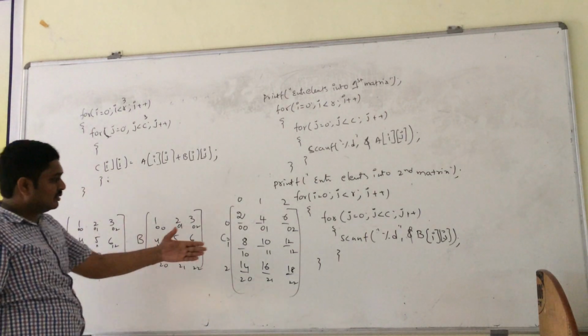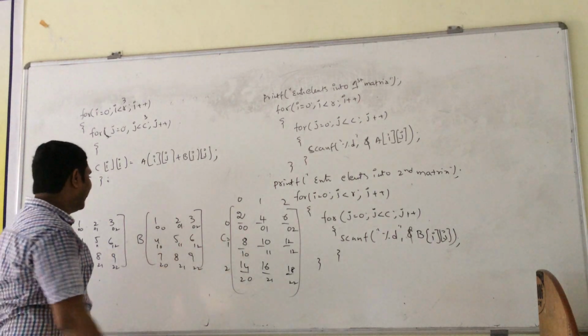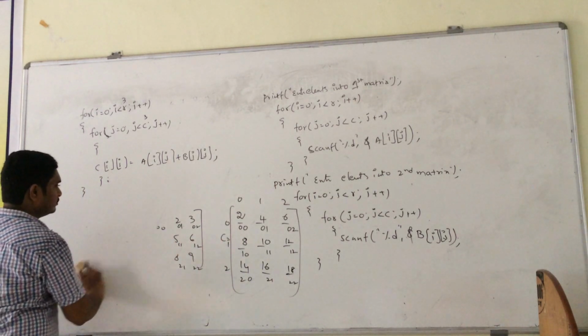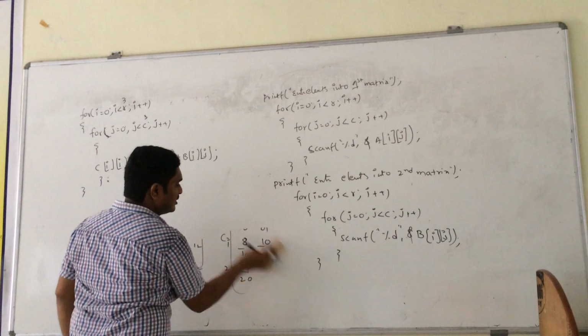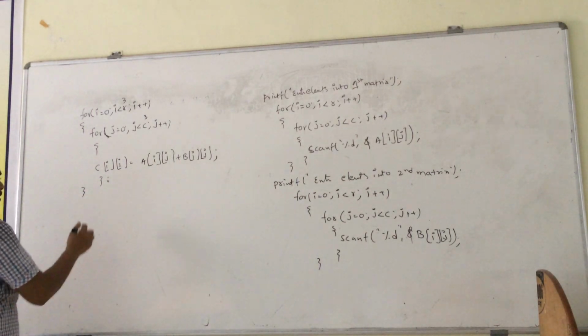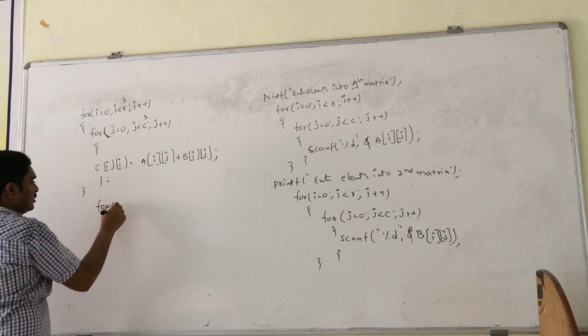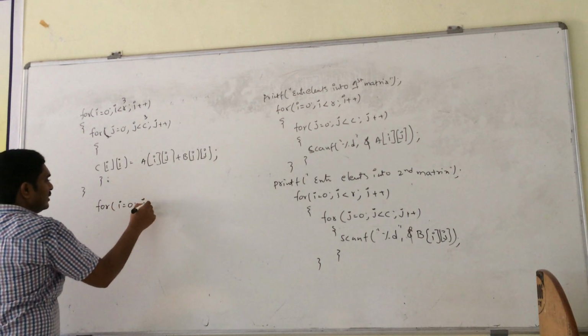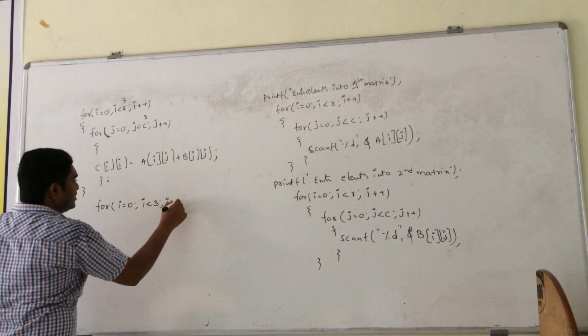After that we display the resultant matrix. The last step is to display the resultant matrix. For display also we use two for loops. For I equals to 0, I less than 3, I plus plus.